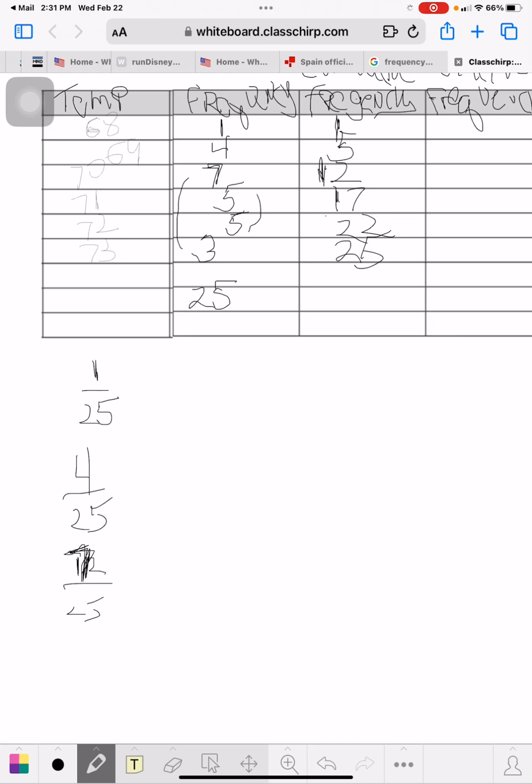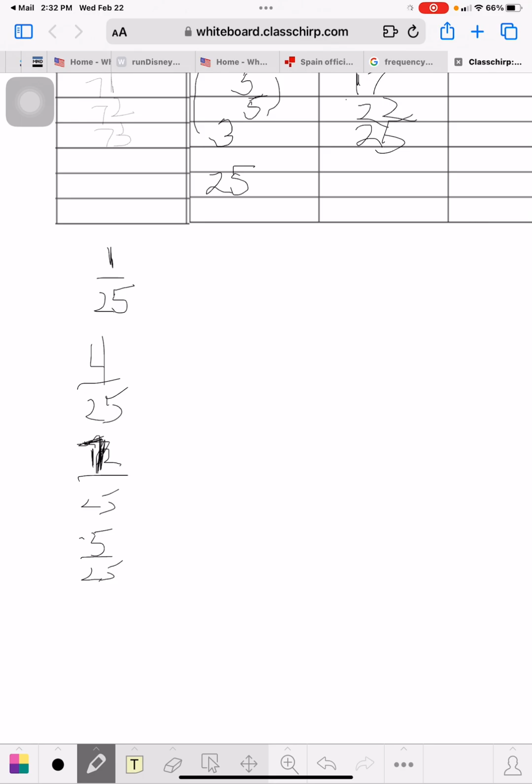I'm looking at the wrong line. I moved them up too far on myself. Yeah, so it's 7 out of 25. The next one is 5 out of 25. The next one is 5 out of 25. And the next one is 3 out of 25.